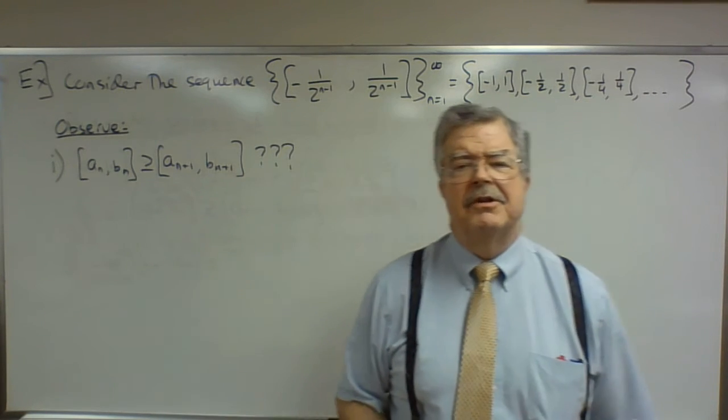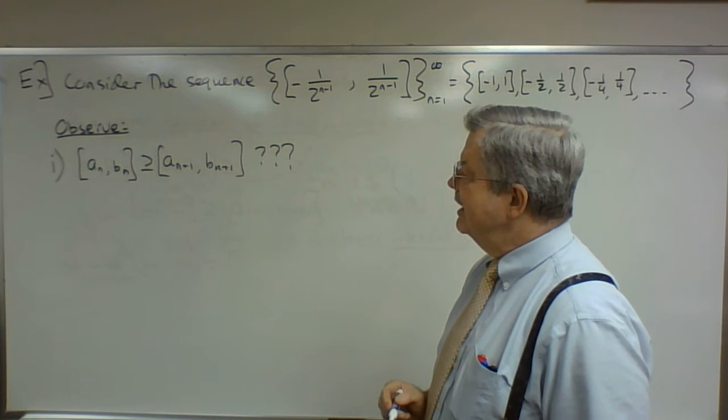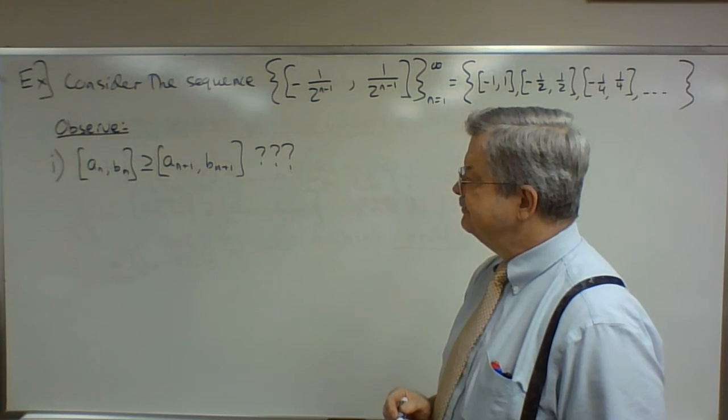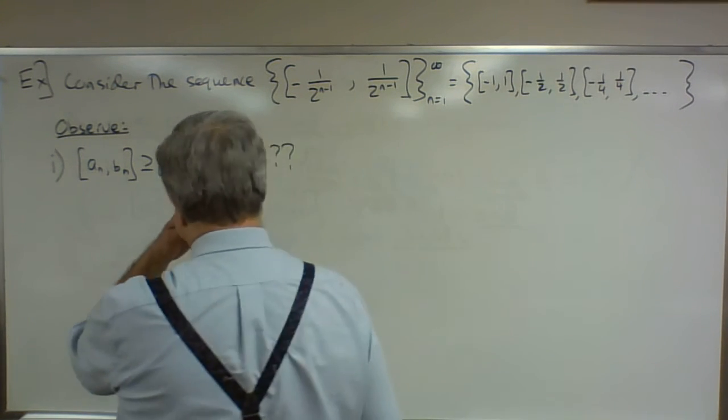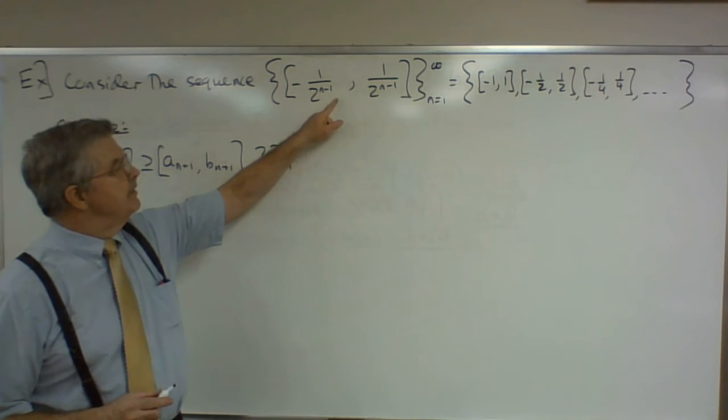Does each interval contain its immediate successor? Let's see. A sub n, B sub n, what is that? Well, that's this thing right here.